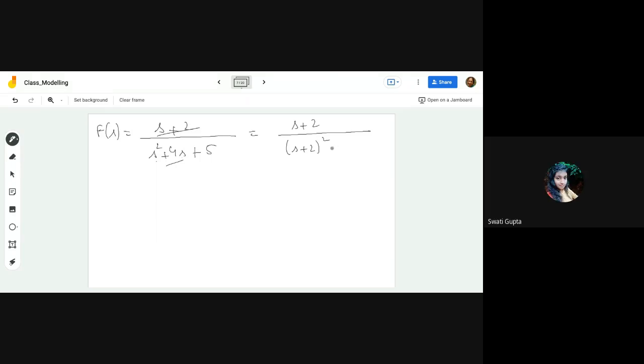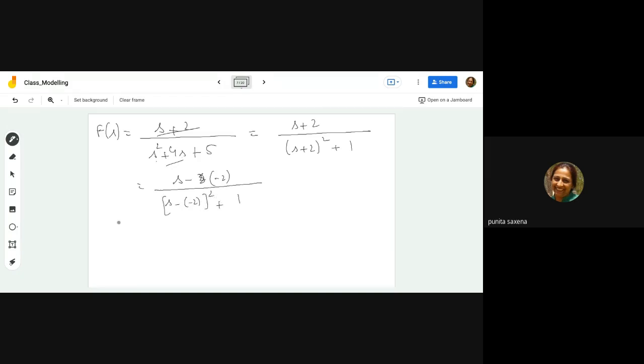We can write 5 as 4 plus 1. So if I make a perfect square, I am left with plus 1. So I can write it like this: s minus minus 2 upon (s minus minus 2) whole square plus 1.